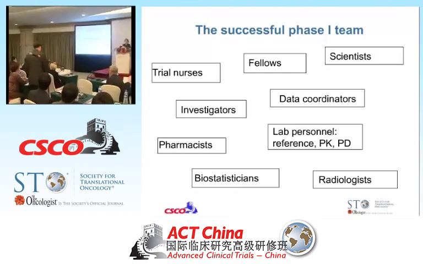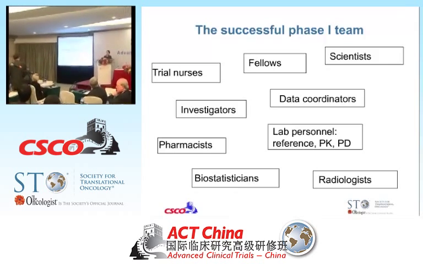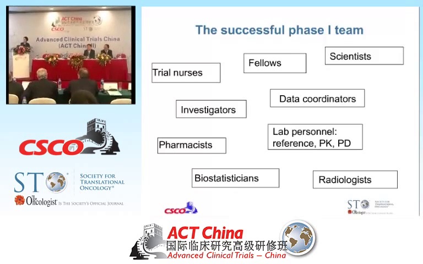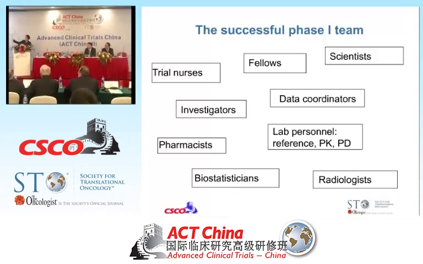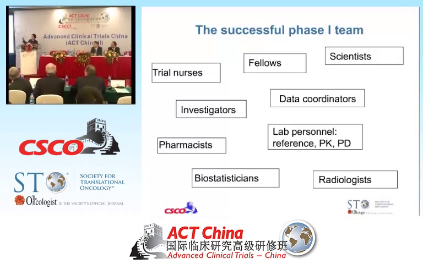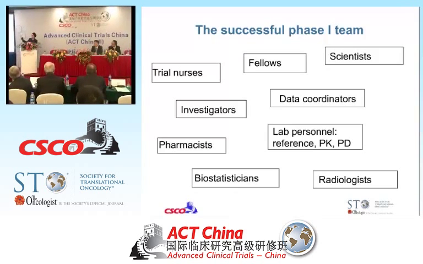Yeah, I think the accelerated titration design is good when you know that likely you have a very wide therapeutic index, that at the beginning you probably won't hit a lot of toxicities, that you want to go fairly fast to the second stage where you convert to a 3+3 design. I think in that situation, it does save you some patients that are exposed to very low doses that you're trying to avoid.